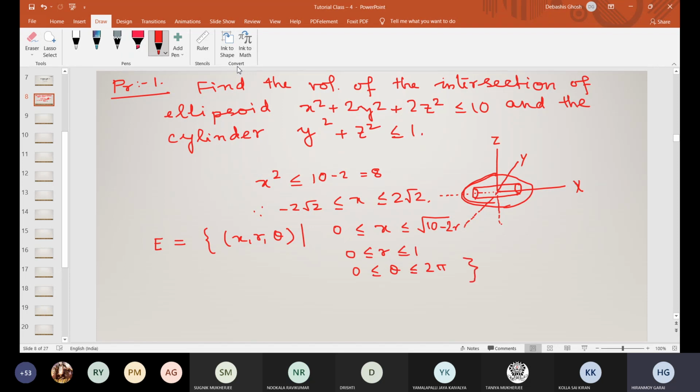So we are considering that x is fixed, and y equals r sine theta and z equals r cos theta.